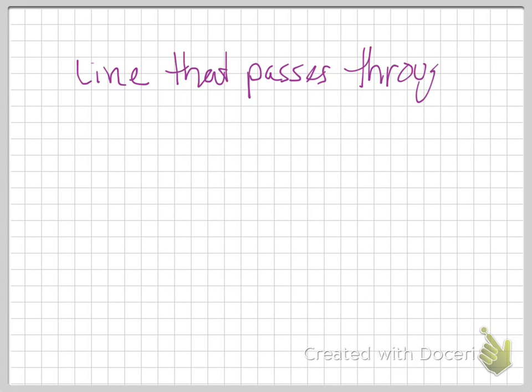So, getting a little bit harder, can you give me an equation? I want you to write me the equation of a line that passes through, let's make it a horizontal line.